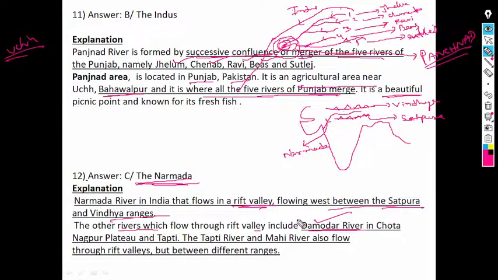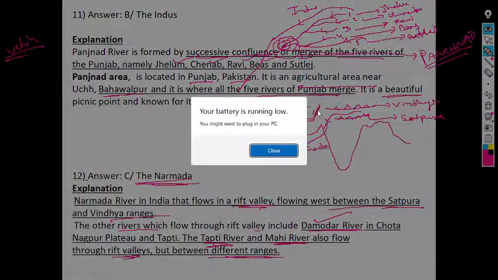The Tapi river and Mahi river also flow through the rift valley between the different ranges.